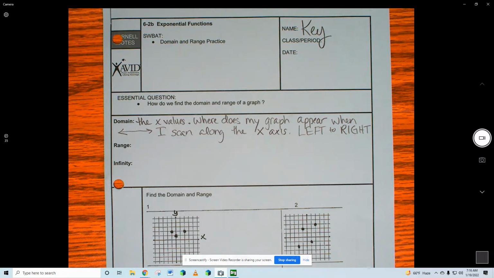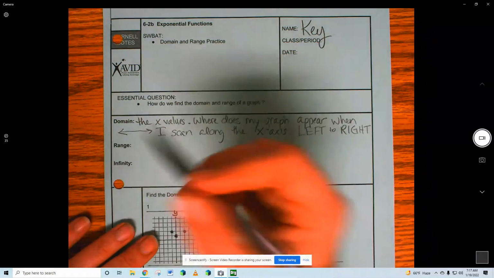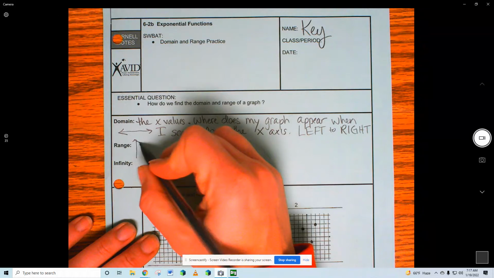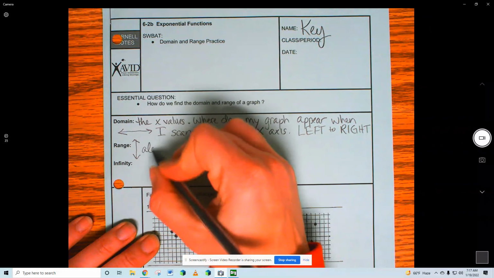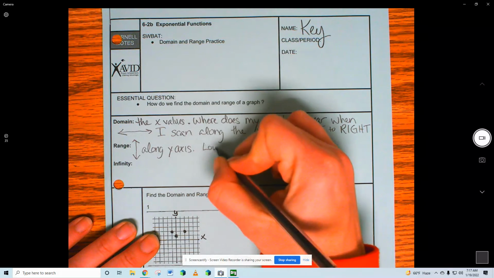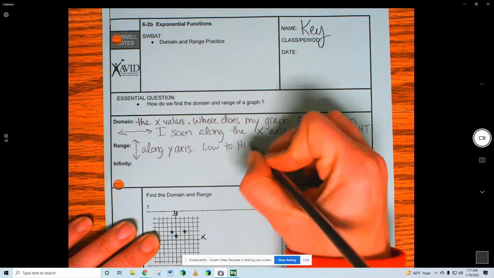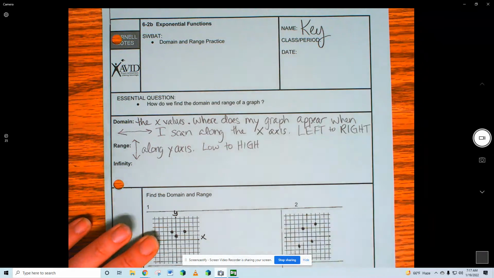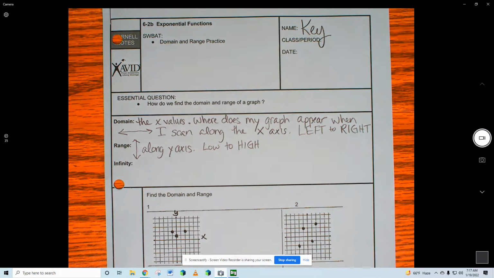All right, range. Range is scanning along the y-axis, low to high. I'm literally going to be up here with my arm going, where does the graph hit?